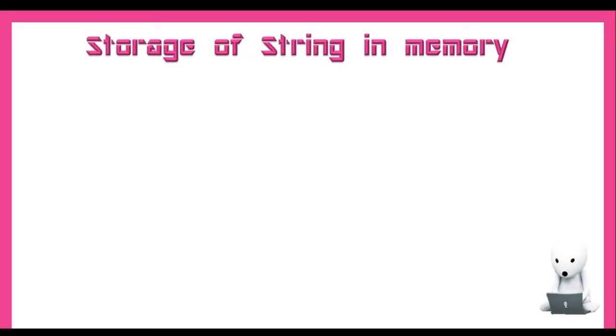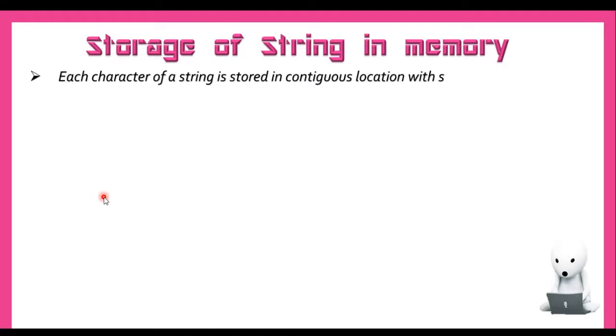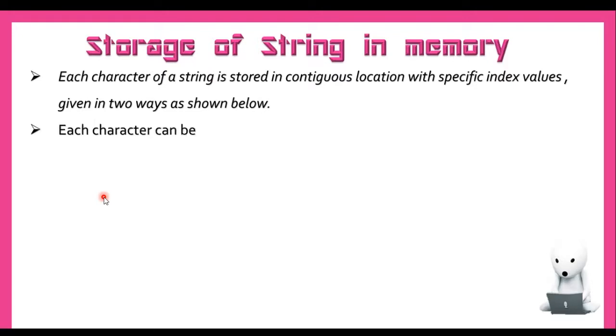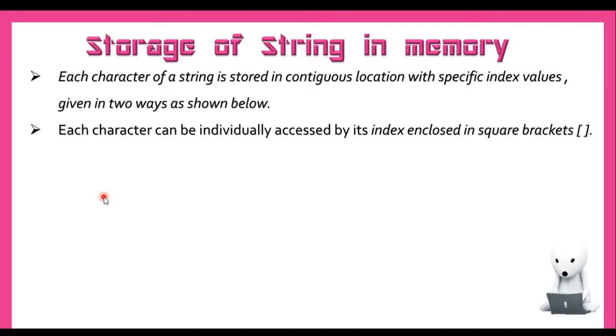Now let's learn how a string is stored in memory. Each character of a string is stored in contiguous memory locations with specific index values. These index values are given in two ways. Each character can be individually accessed by its index value by enclosing it in square brackets.